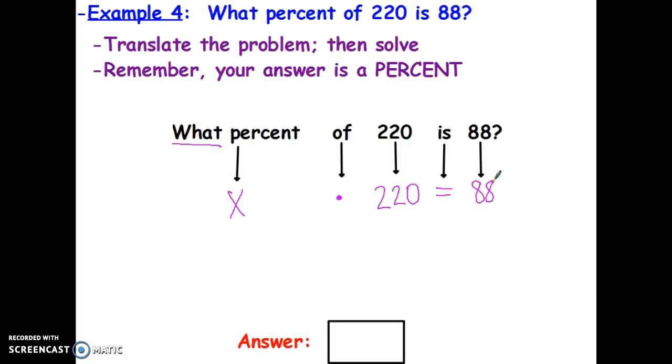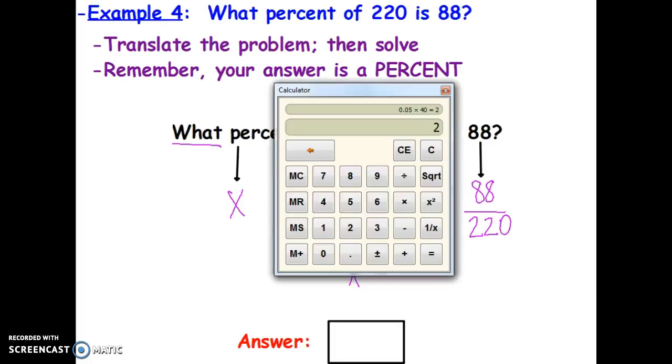We have x times 220. Now remember, to undo multiplication, we have to divide. So we're going to divide by 220 on both sides. 220 divided by 220 is 1. 1 times x is x. 88 divided by 220 is going to give us a decimal. 88 divided by 220 is 0.4.